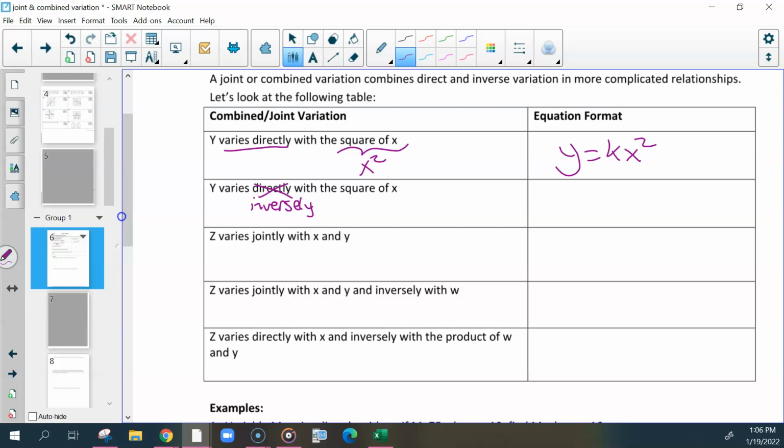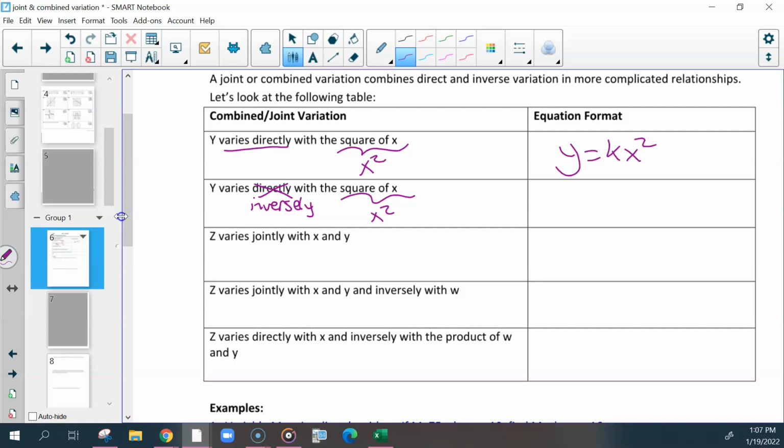For this next one, same thing. If this said y varies inversely with just x, that would be y equals k over x. But here it's inversely with the square of x. How would we write this equation? Compared to how you would write just a regular inverse equation, but change the x to x squared.